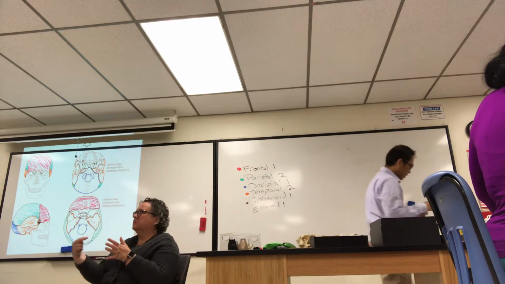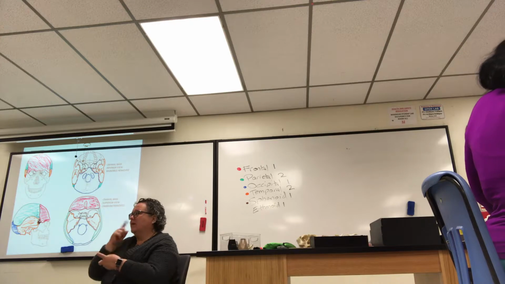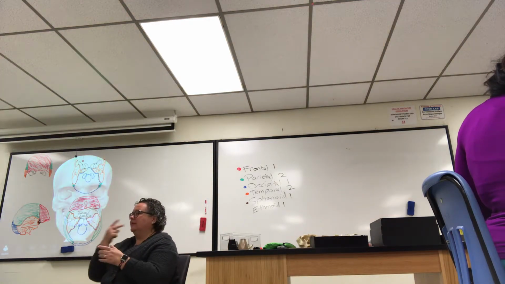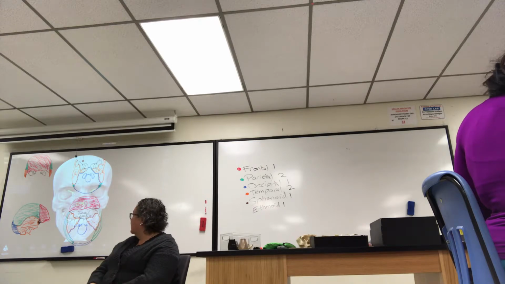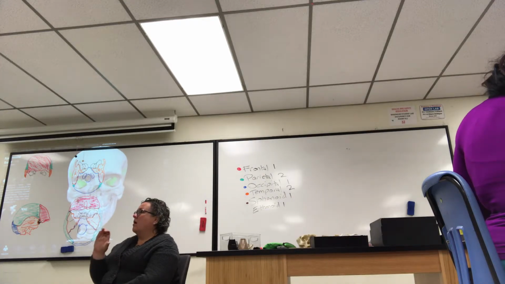The app is really good to kind of look at this bone because you have the fade out feature. Right now I have the occipital bone highlighted. Let me pull the shade down.